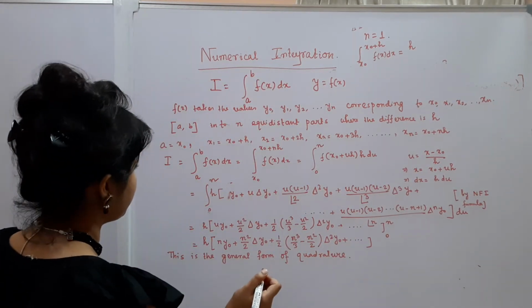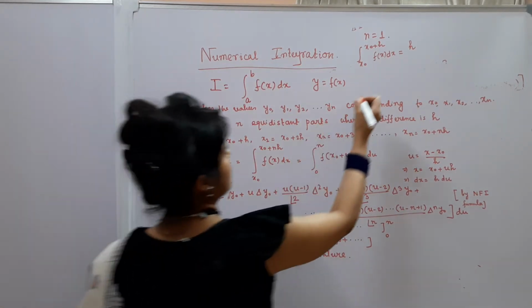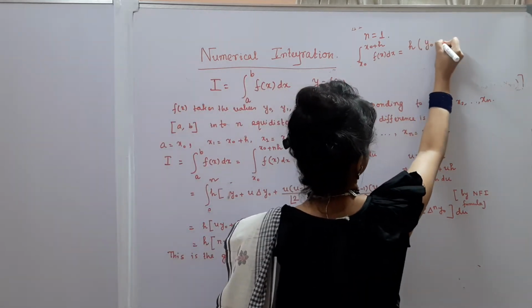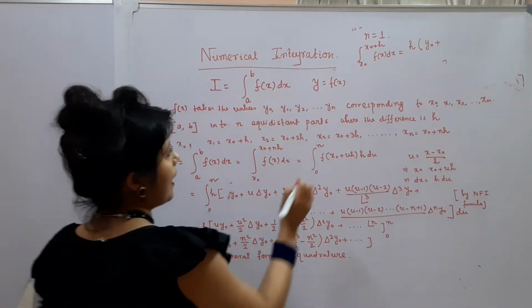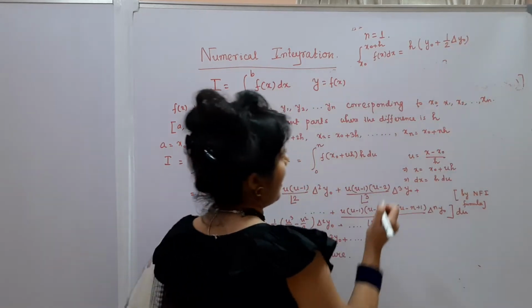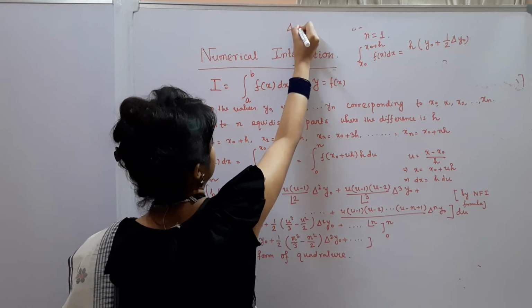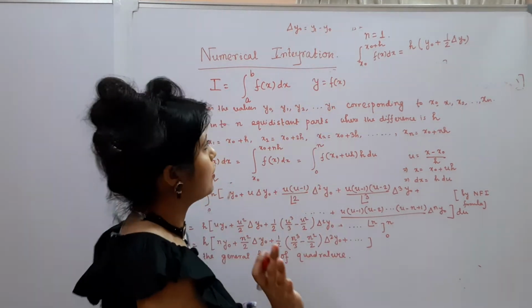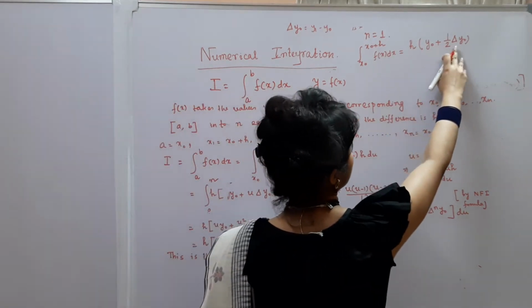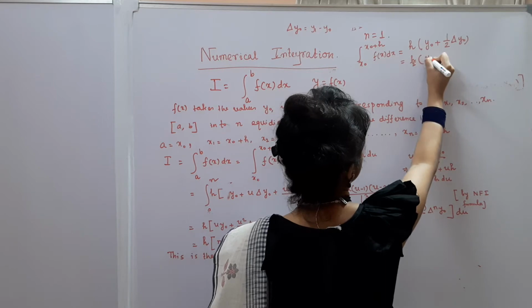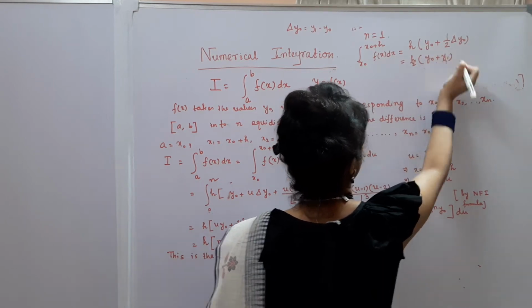h into y0, because n is equal to 1, plus half into delta y0. We all know that delta y0 is equal to y1 minus y0. So if we put y1 minus y0 here, it will give you h by 2 into (y0 plus y1).